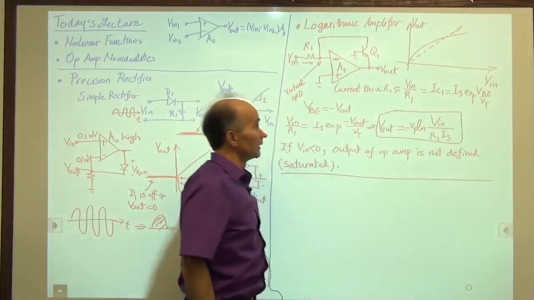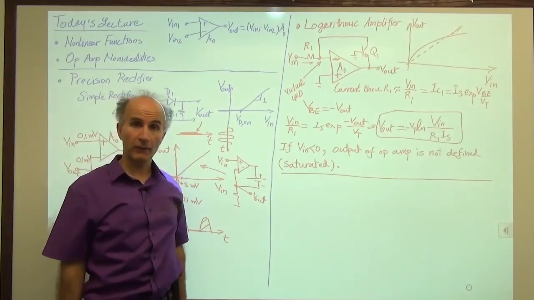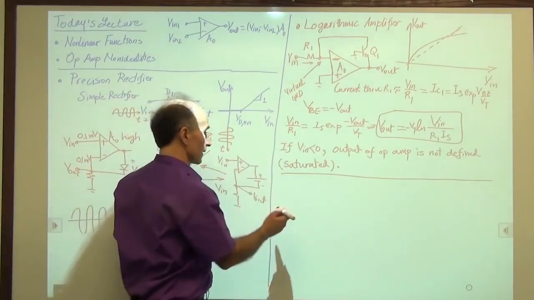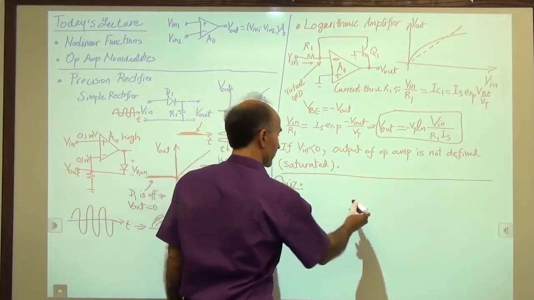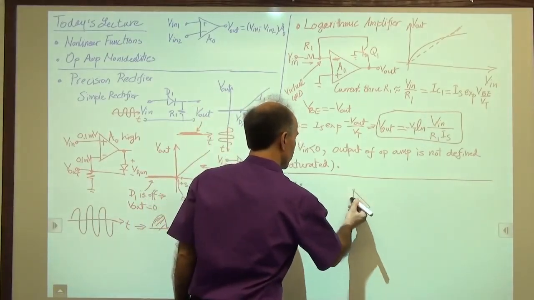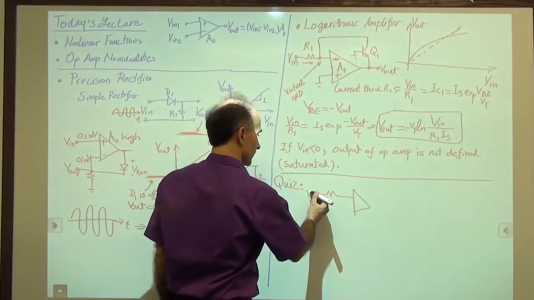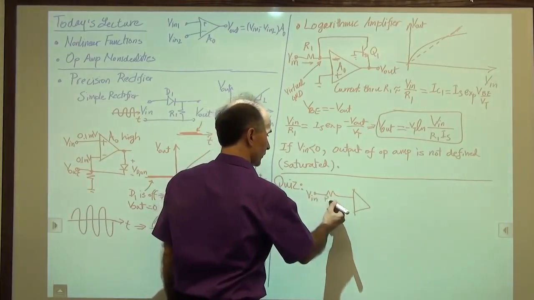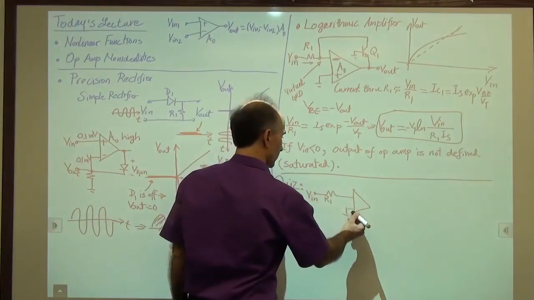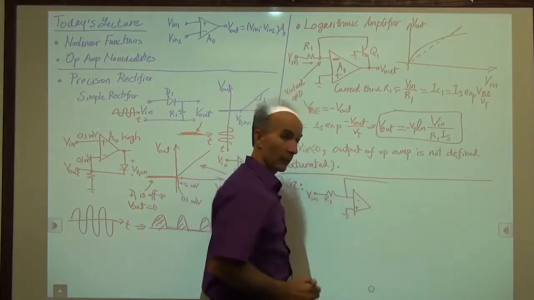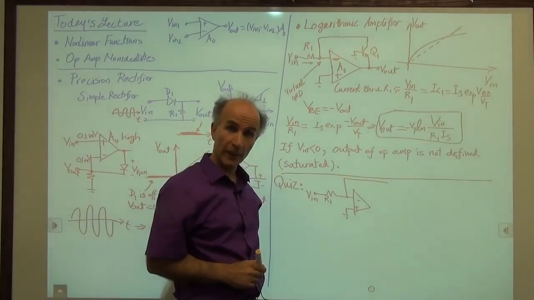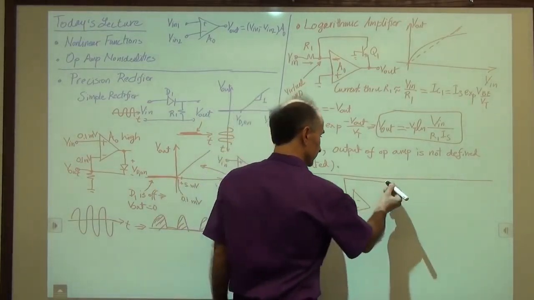All right. So we have time for a quiz. Let's repeat this with a small change. So here's an op amp. We have our input resistor to virtual ground, and we have a bipolar transistor, but this time a PNP transistor.